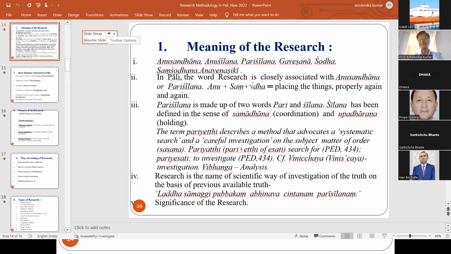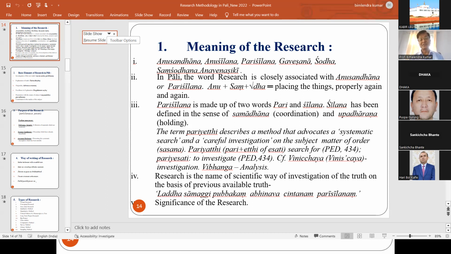What is the importance of these terms, how have these been interpreted in our text? We'll have a discussion on this. We have already seen that research is defined as based upon previous research materials. Whenever there is a new innovation or new advancement of knowledge, this is called research.